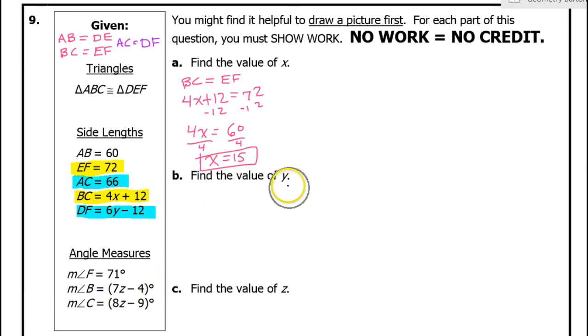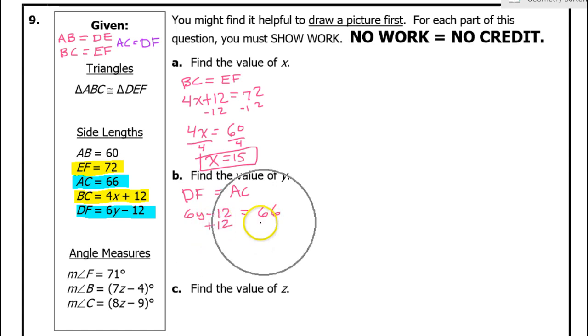All right, now I want to find the value of y. So I'm going to use the fact that DF is equal to AC. So in other words, 6y minus 12 is equal to 66.